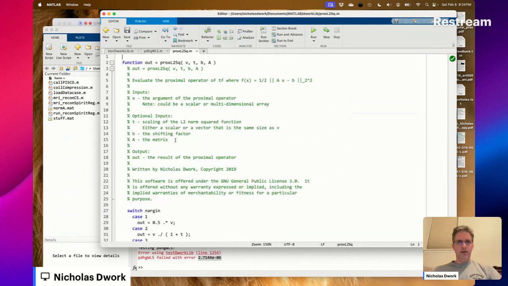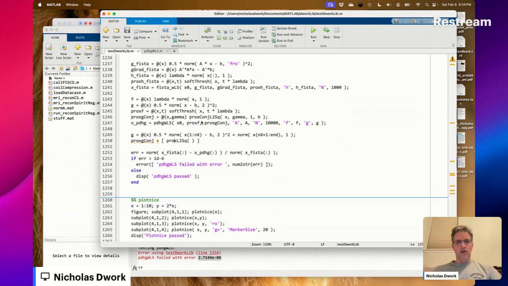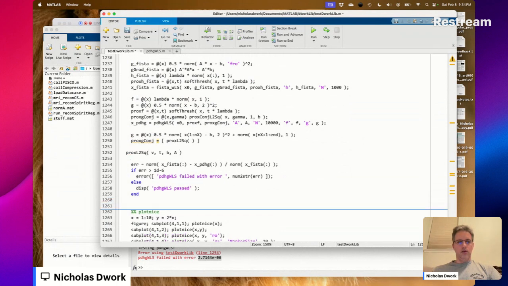Is that a function? Yes. X from 1 to nx.